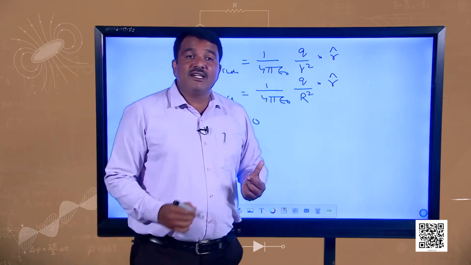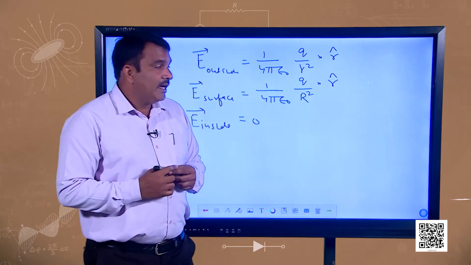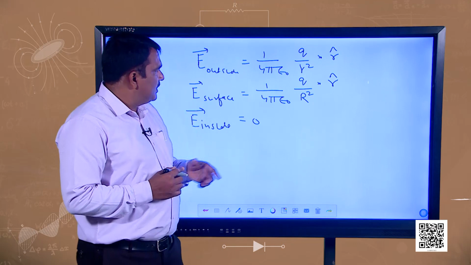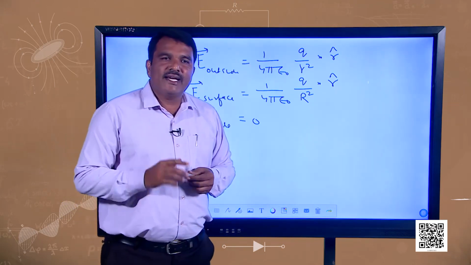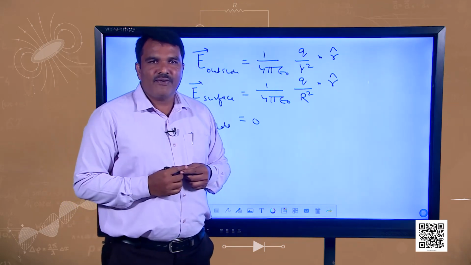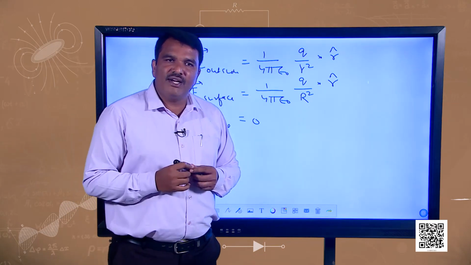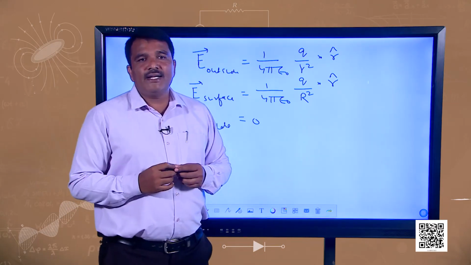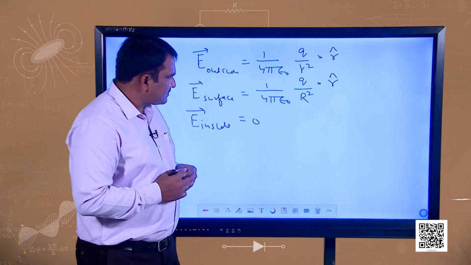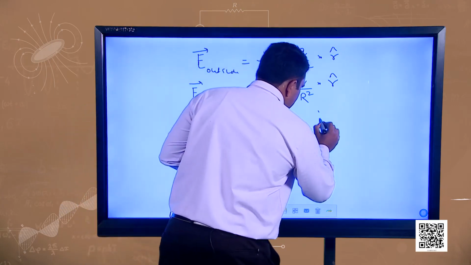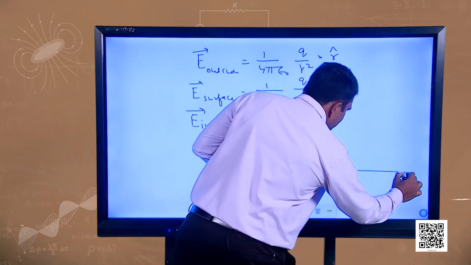So, these are the final results that we have obtained, and on the basis of these results we can easily draw the graph showing the variation of electric field with distance of the point from the center of the cell. Can you try it?